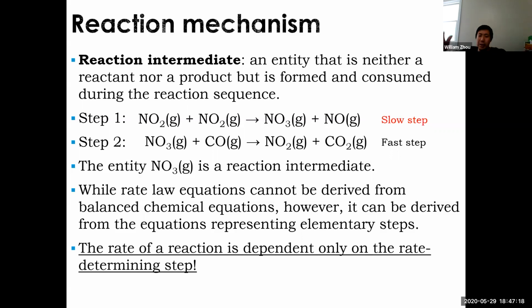The rate law is derived from the rate determining step in your elementary steps. There is a pattern. In fact, it is literally the coefficients of the balanced equation in the slow rate determining step. Not the final equation, but the slow step.